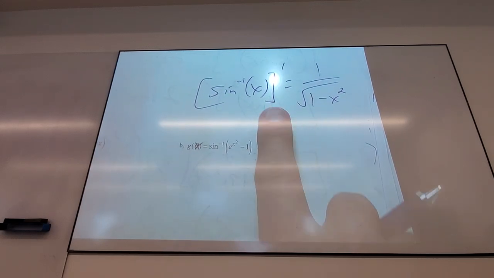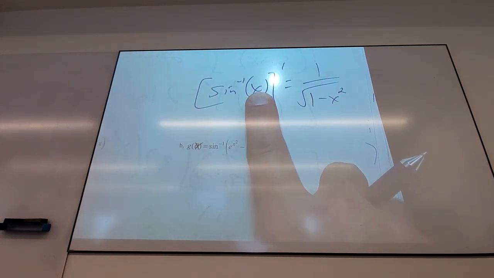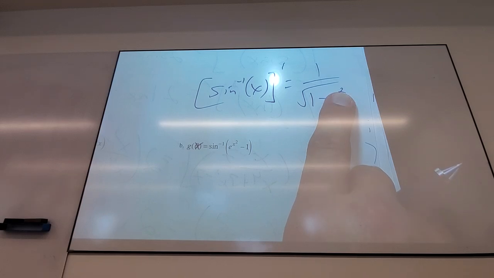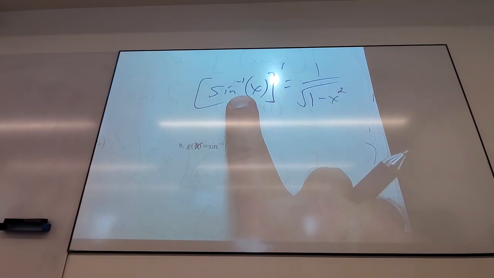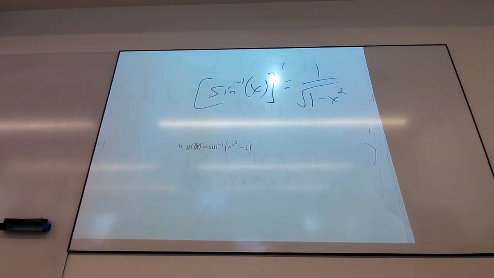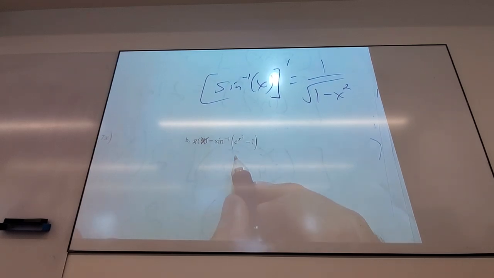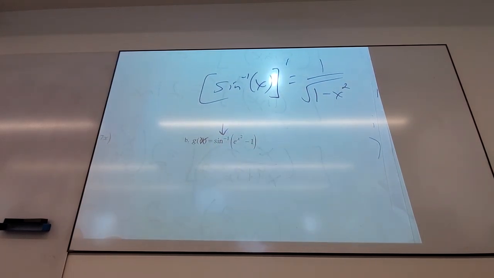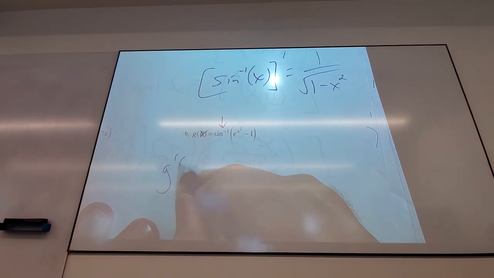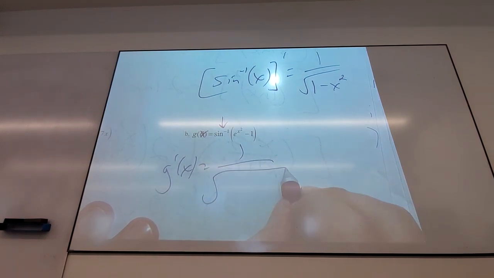So whatever this is gets put right there and gets squared, right? That's the rule for inverse sine. That's not even considering chain rule, so I'm gonna have to do a chain rule here, correct? But the first level is just, what does this guy need to happen? So when I take a derivative of inverse sine, it becomes 1 over square root 1 minus stuff squared.